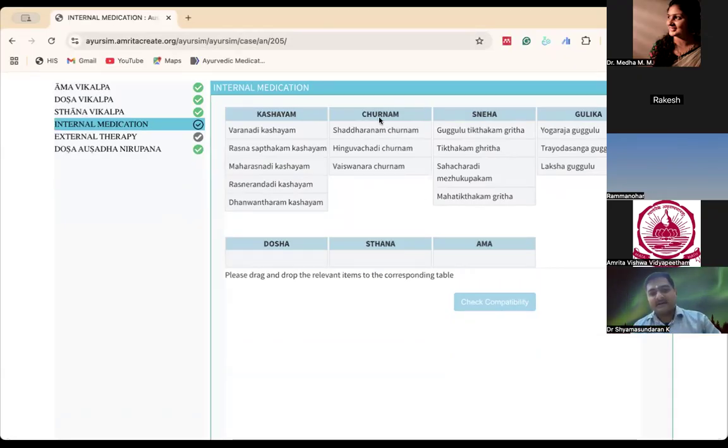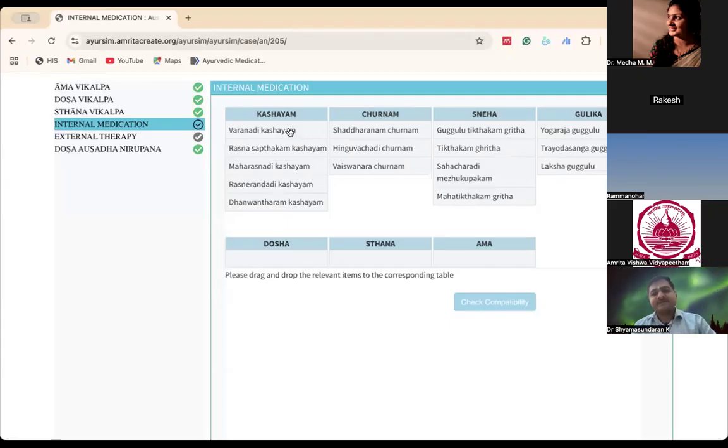In Churnam, you have Shadharanam Churnam, you have Inguvachadi Churnam, Vaishwanara Churnam. In Snehas, you may have Sahacharadi Mezhukupakam, Gugulu Tikta Ghritam, Mahatikta Ghritam. In Gulikas, you may have Yogaraja Gugulu. So all of these are there.